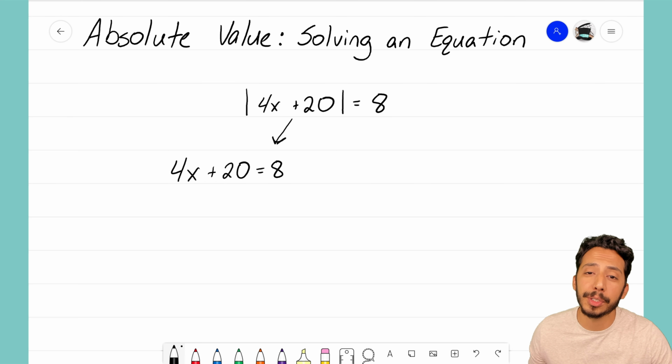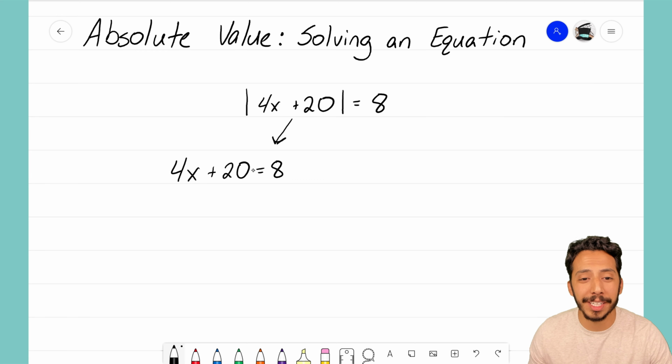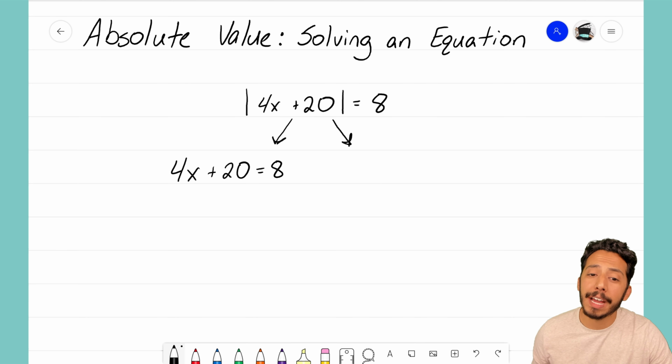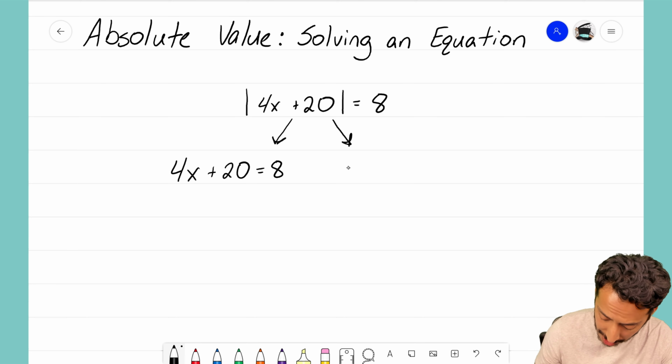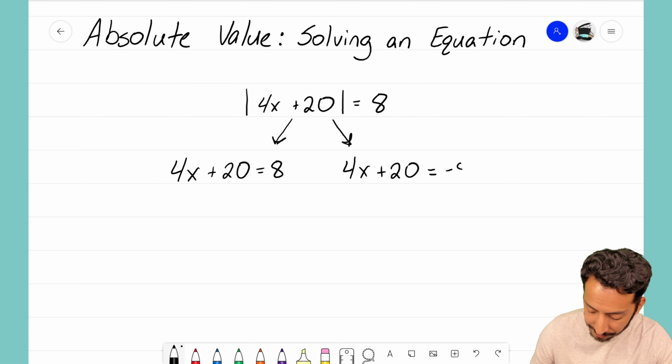And so what we actually have to do is break that equation up into two separate equations. Notice that I turned it into one equation: I removed the absolute value bars and I made it equal to +8. If I do that, I also have to create a second equation, but this time it won't be equal to +8, it will be equal to -8.